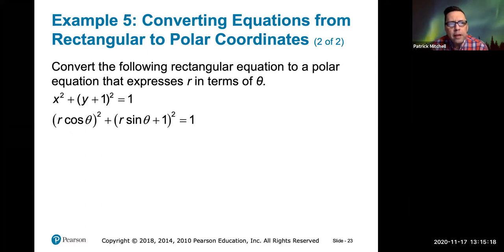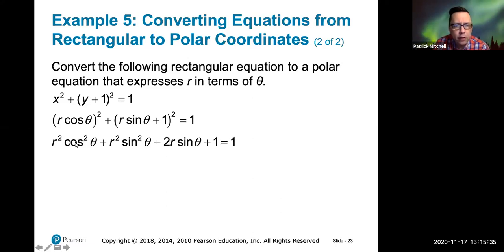Okay, so replacing x with r cosine theta and y with r sine theta, we get (r cosine theta) squared plus (r sine theta plus 1) squared equals 1. So now we'll start playing with that equation by actually squaring those expressions. This thing here turns into r squared cosine squared theta.